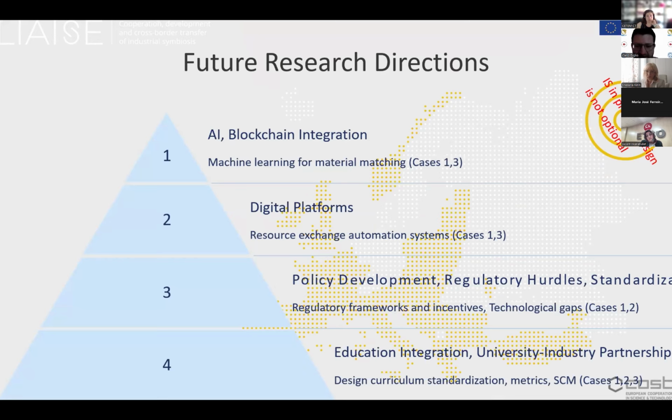Then instead, the policy development and regulatory hurdles and standardization issues that are related to the cases of Cascadia Produce and also Qualterra.